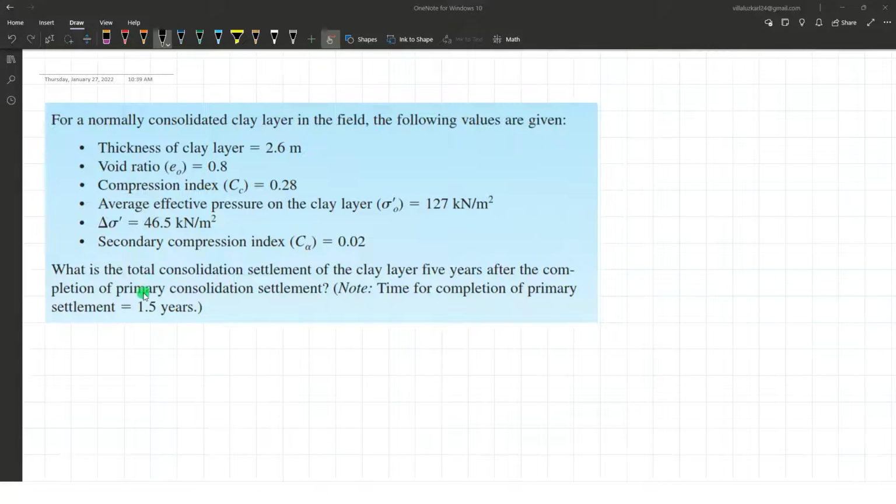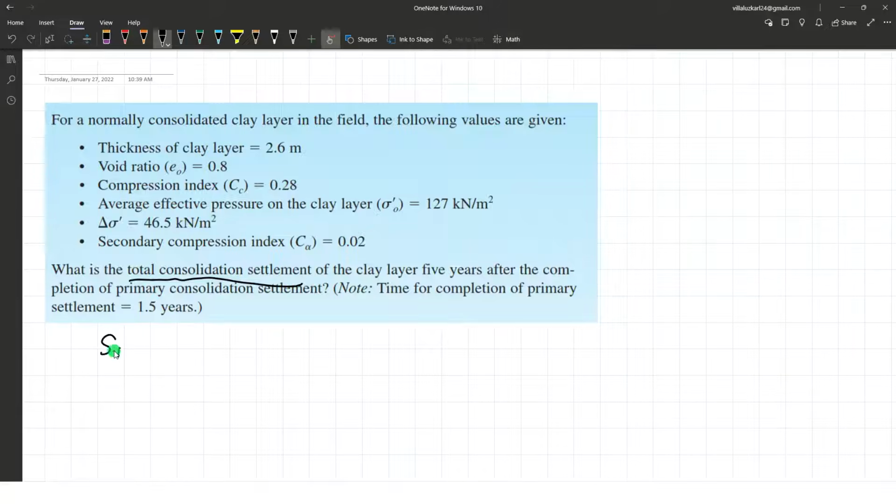So here in this problem, we are required to determine the total consolidation settlement of the clay layer 5 years after the completion of primary consolidation settlement. So it means that since the primary consolidation already took place, we are required to determine the total consolidation, given that we have here the factors for the secondary consolidation settlement.